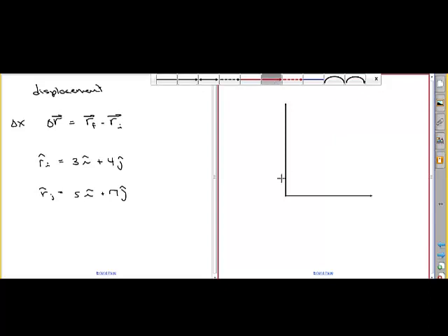and we would do the first vector, which would be, so we go 3 and then up 4, which would be about there. So that would be our initial vector. And then the final vector would be 5 and 7, which would be up here somewhere.